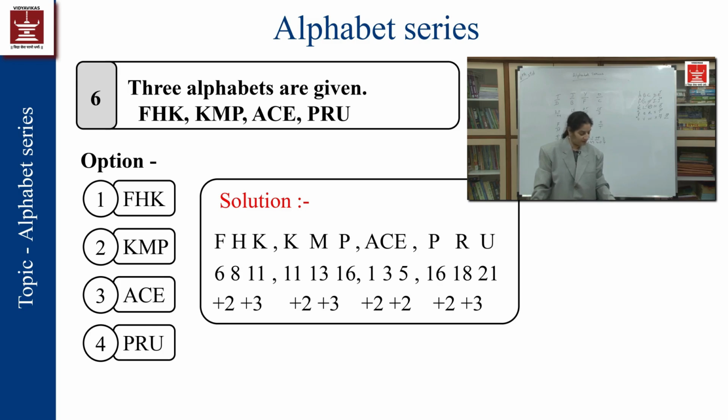We'll take one example so that you will have an idea about how we calculate the difference between them. Okay. When they are single numbers, when it's a pair, or when they are three numbers. Three alphabets are given in one pair.